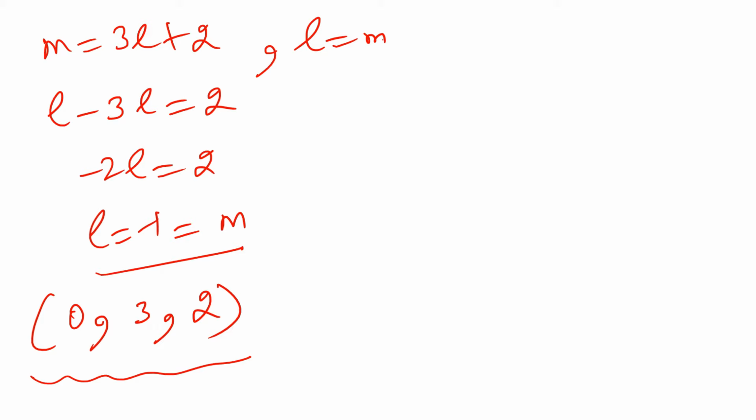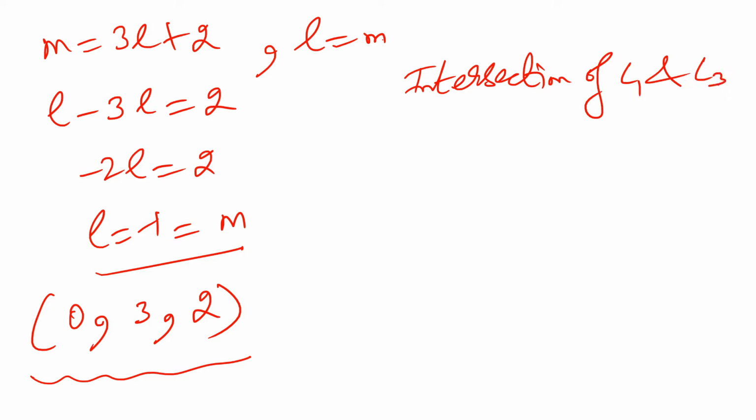Now for this, I'm going to take the intersection of L1 and L3, right? Now to find the point of intersection of L1 and L3, for L1 again we'll be writing the equation in parametric form.